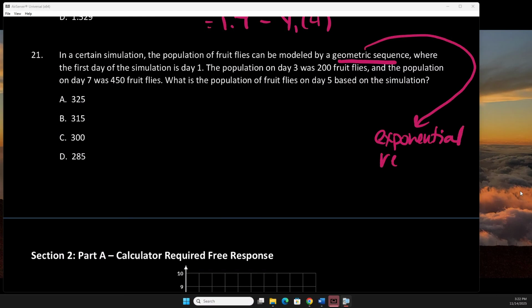Now the difference is an exponential regression equation is going to be connected. The geometric sequence is just going to be a sequence of points. It really doesn't matter for what we have to do. It's going to be fine. So you're just going to go ahead and do a table of values. You're going to do list 1, list 2, where list 1 is the day, and list 2 is the number of fruit flies.